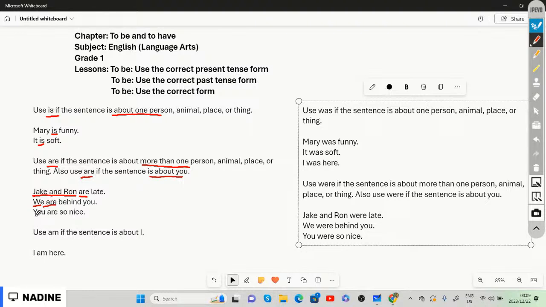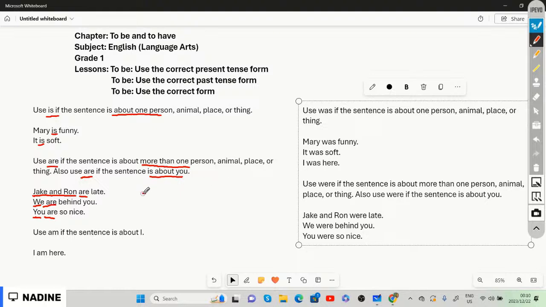And also, you are so nice. You can refer to one person or more than one person, but we use are when it is about you. So we made an example of saying you are nice or you are so nice.